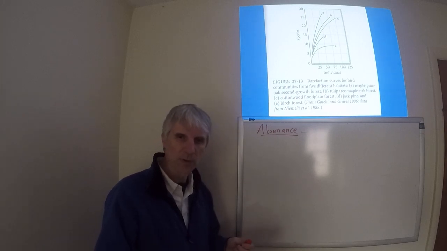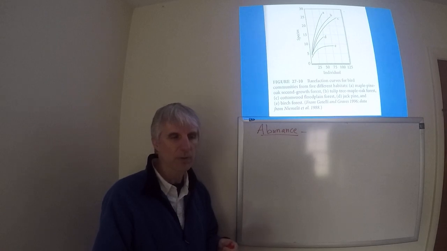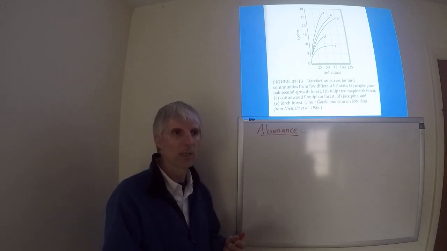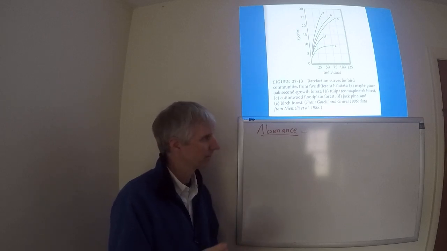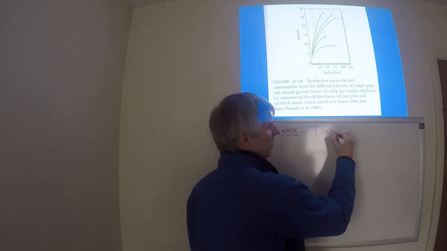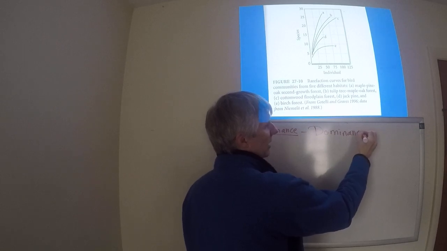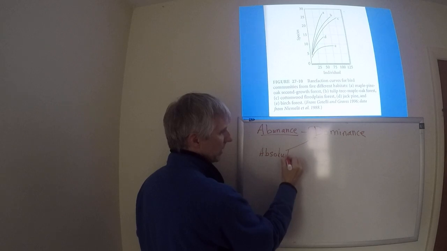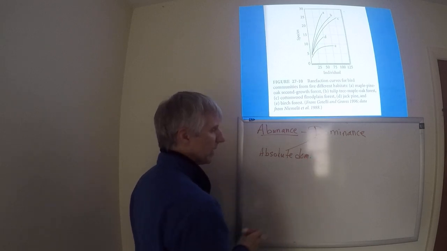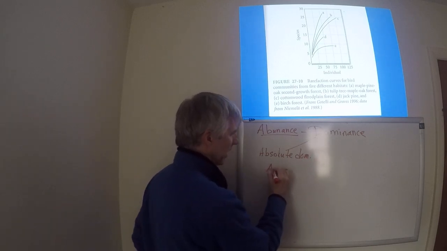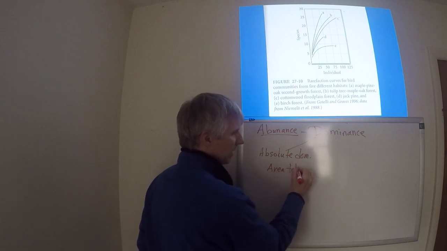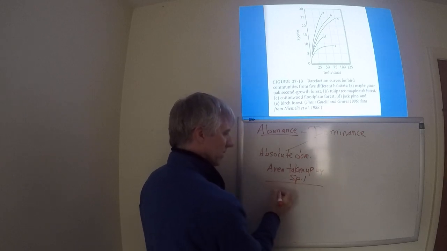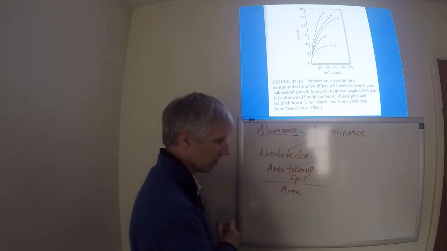I could look at the number of stems as a measure of density, but it probably makes sense to think more about the overall amount of biomass. That would be a dominance measure. Okay? So we're going to do the same thing we did for density. Dominance can be measured as absolute dominance. And in absolute dominance, this is the area taken up by species 1 divided by the area that you're looking at.